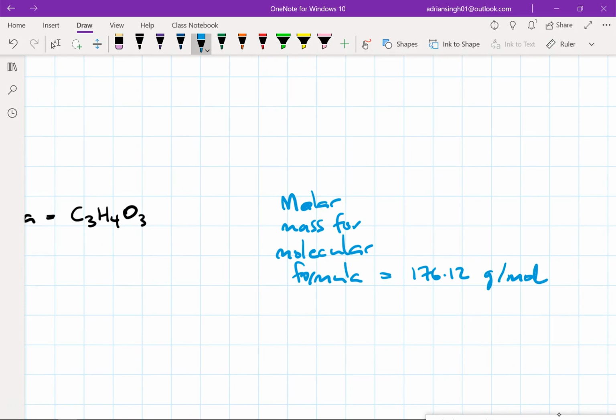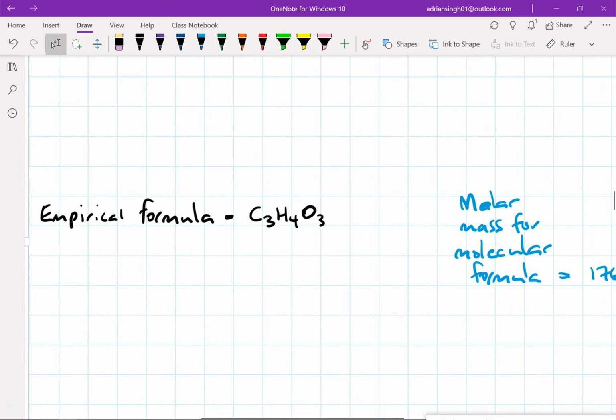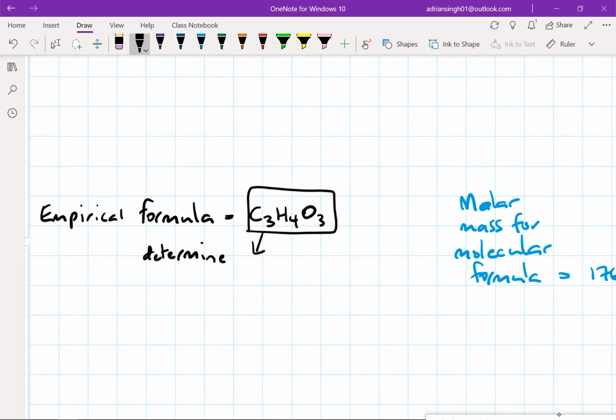Okay, so we're given one piece of the information that we need. Now, with the empirical formula, we can determine its molar mass. We should be good at doing that at this point. We just multiply the individual molar masses for the elements and add them together.